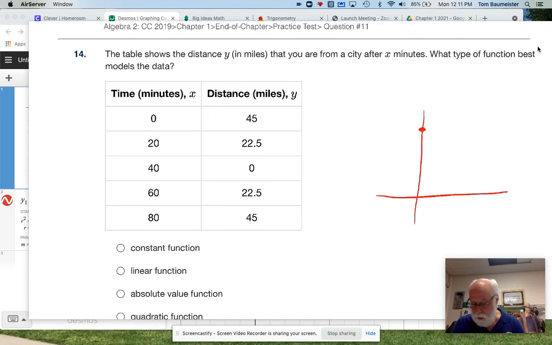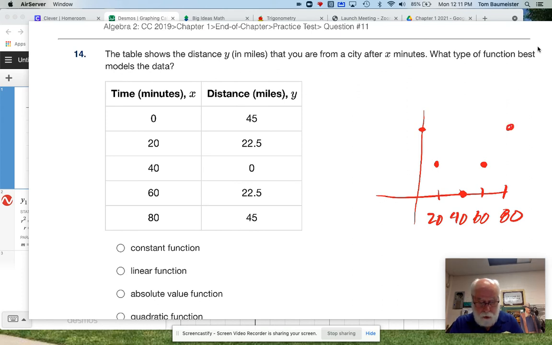Then we're having that at 20, 40, 60, 80. So then at 20, we're going to go to 22.5, which is half of that. At 40, it's at 0. At 60, it's 22.5, so we're going to have the same thing there. And then at 80, it's at 45 again.